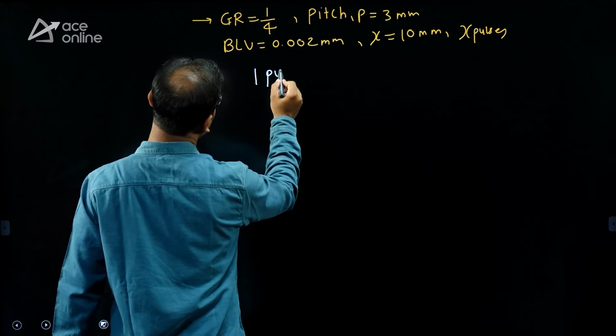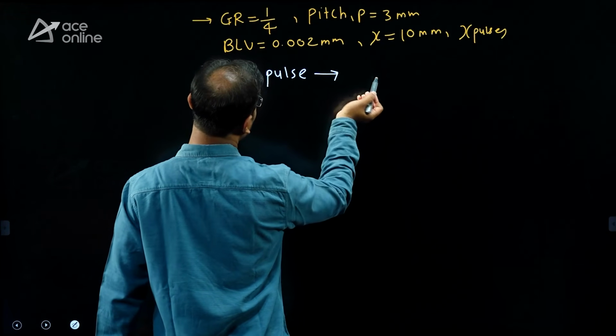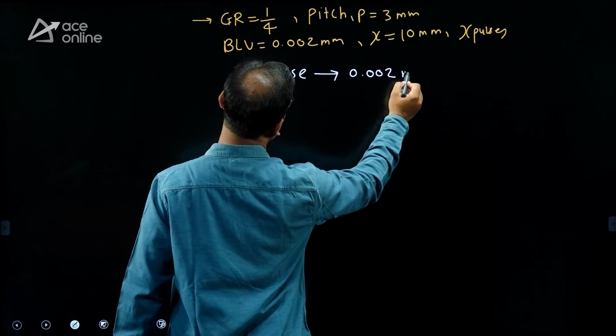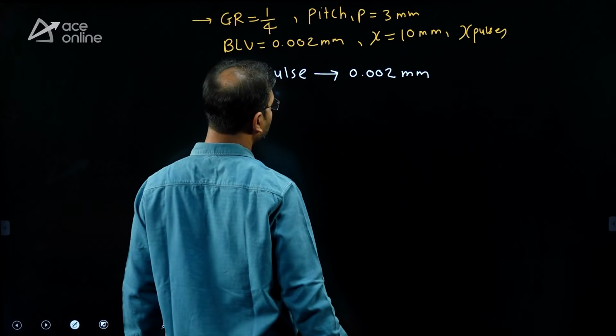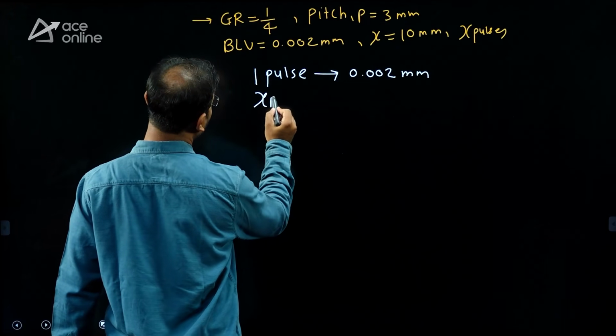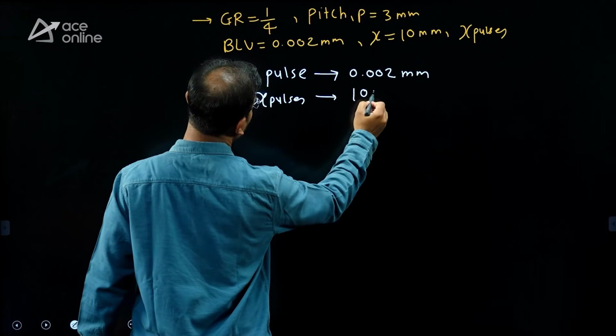Here the motor is the servo motor, and the distance travelled by the work table is 0.002 millimeter per pulse. Then how many pulses are required to travel a distance of 10 millimeter?